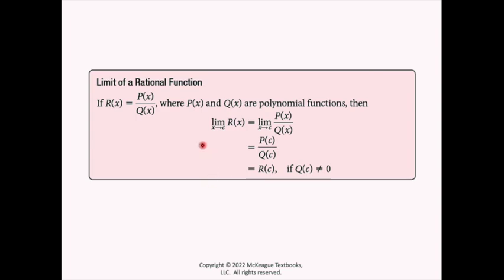So if I am finding the limit as, say, x approaches 3, I can plug in 3 into the numerator polynomial, and then I can plug in 3 into the denominator polynomial. And as long as that doesn't produce a 0 in the denominator, I can use direct substitution. If that does create a 0 in the denominator, then we have some other tricks that we can use that we're going to look at in a little bit.